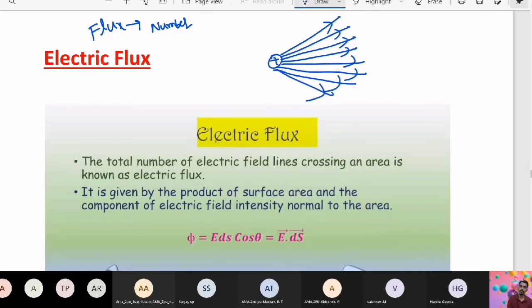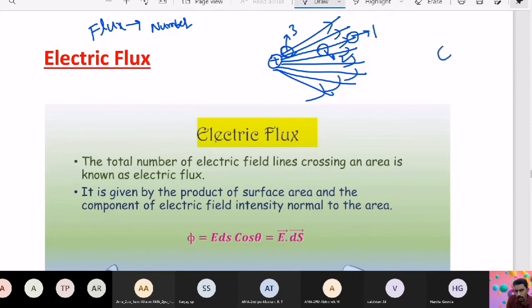There are so many field lines. Now consider a small region here, and the same region here, and the same region here. See, here you consider 3 lines, here 2 lines, and here 1 line.